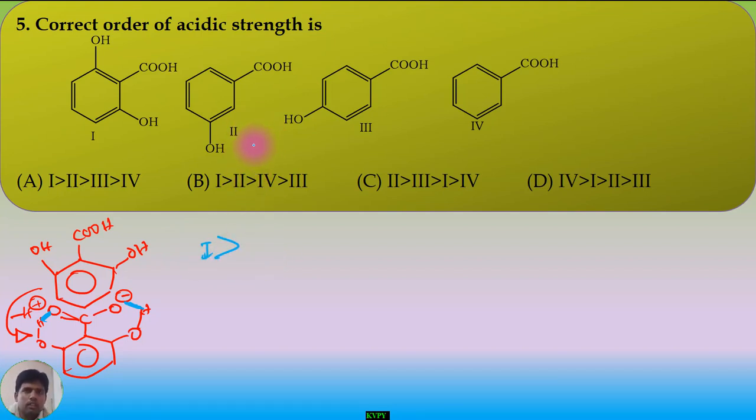Then it is 2. Why 2? Because here OH is at the meta position to the COOH group. So this OH will not offer a plus R effect here. Only minus I is operative. As a consequence, it will surely enhance the acidic strength of this carboxylic acid. So it is 2.